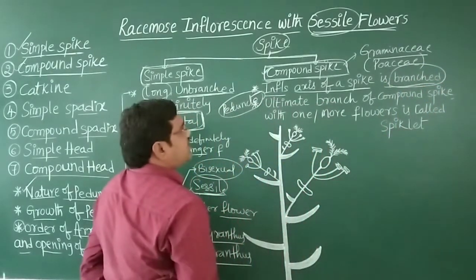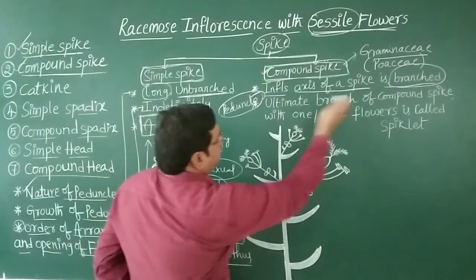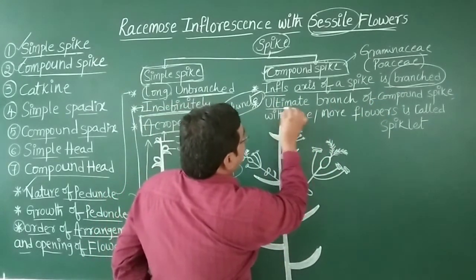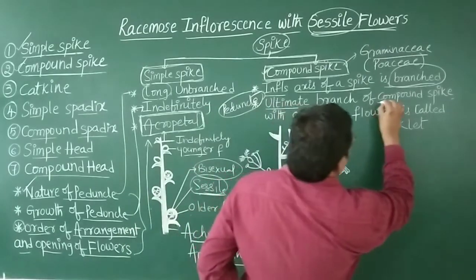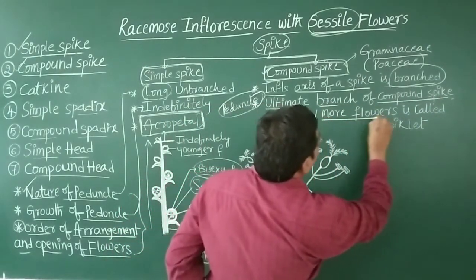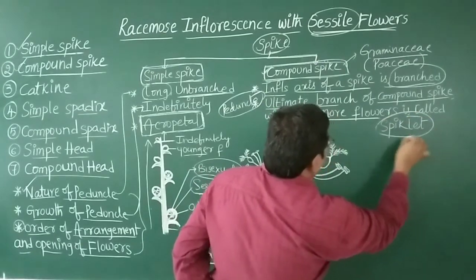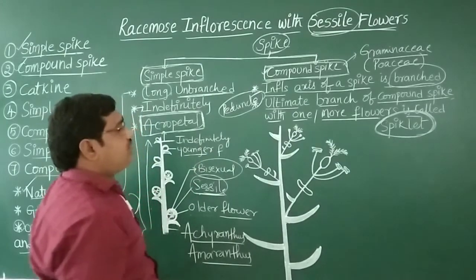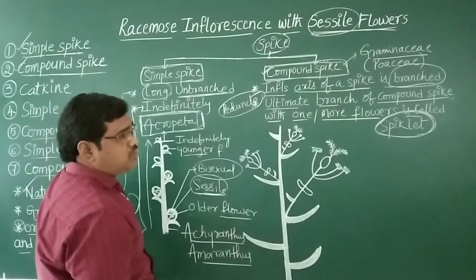On the branched peduncle, the ultimate branch of the compound spike with one or more flowers is called a spikelet. This is the most important characteristic feature of the compound spike.